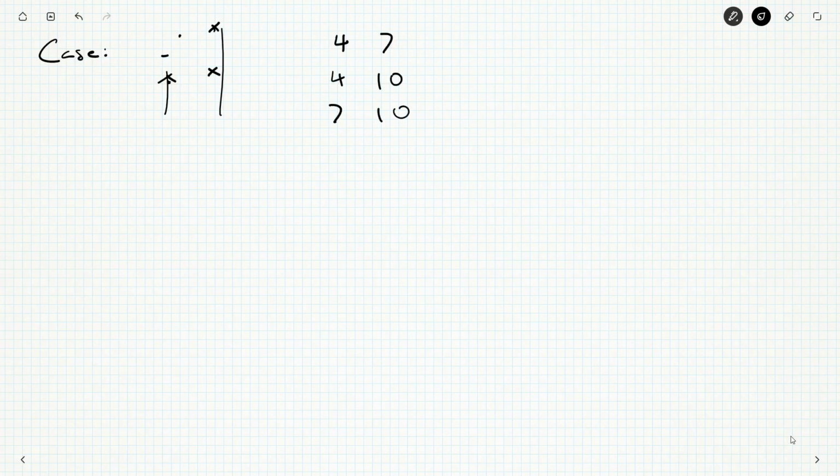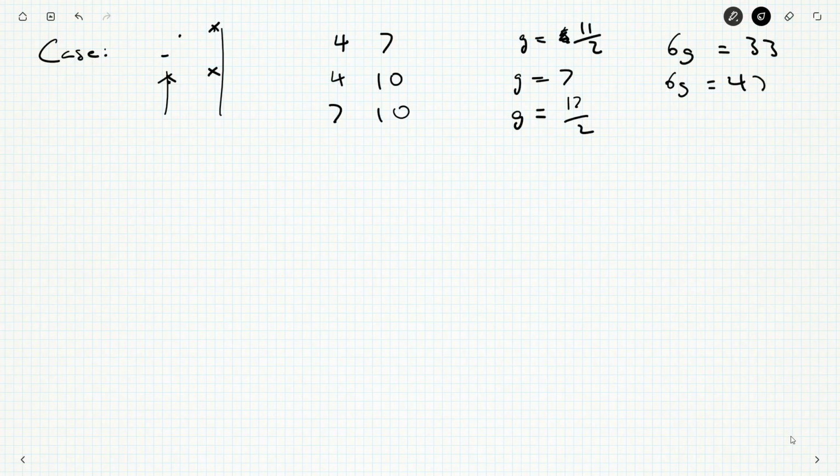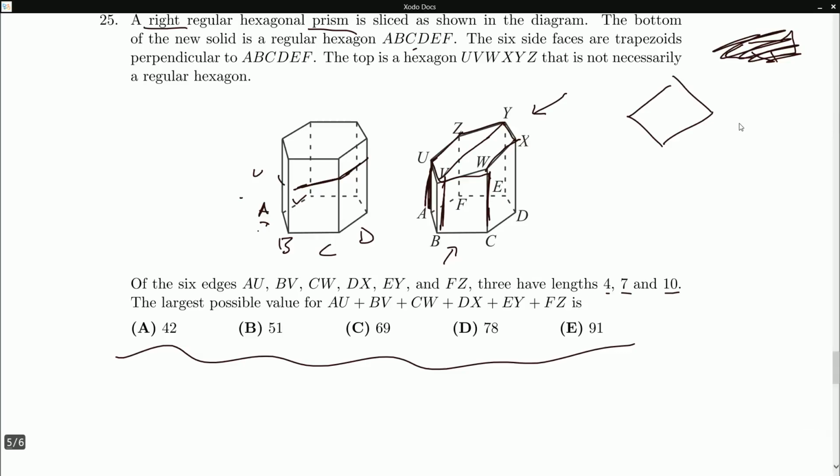G is the average of these. So G in this case would be 11 over 2. G in this case would be 7. G in this case would be 17 over 2. 6G in this case would be 66 over 2, which is 33. 6G in this case would be 42, which I think is the smallest answer we're given. And G in this case would be 3 times 17, 51, which I think is another one of the cases. Yeah, 51B.